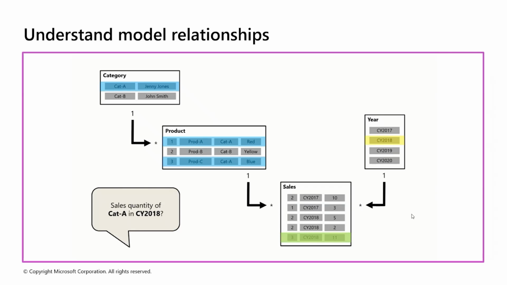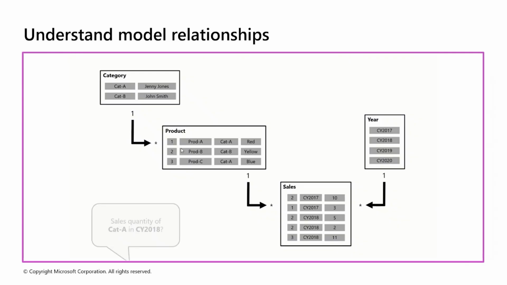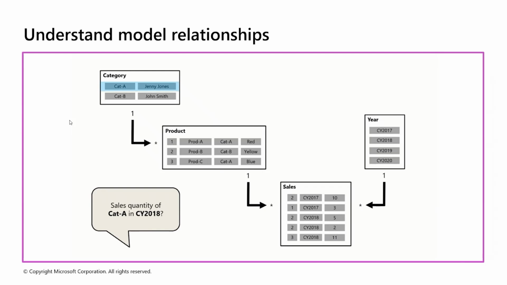In this example, the model consists of four tables: category, product, year, and sales. The category table relates to the product table, and the product table relates to the sales table. The year table also relates to the sales table.